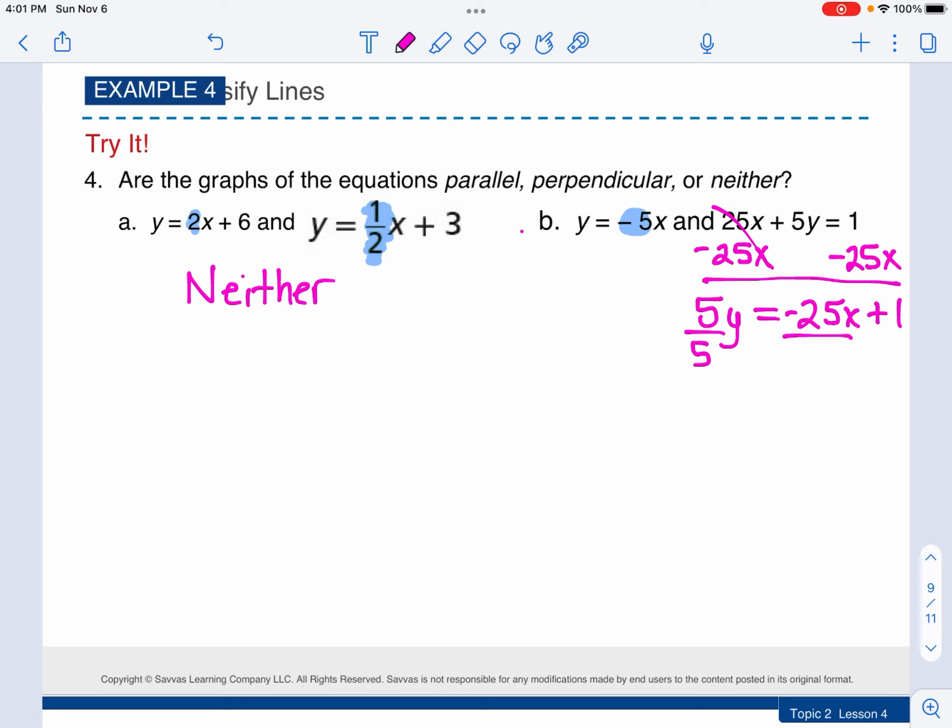We'll then divide everything by 5, and we'll see that y is going to equal negative 5x plus 1/5. So it looks like the second equation has a slope of negative 5. Their slopes are the same, so these two are parallel.